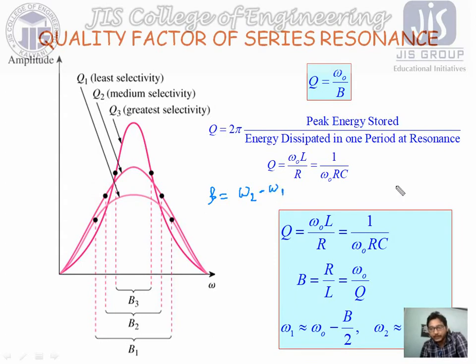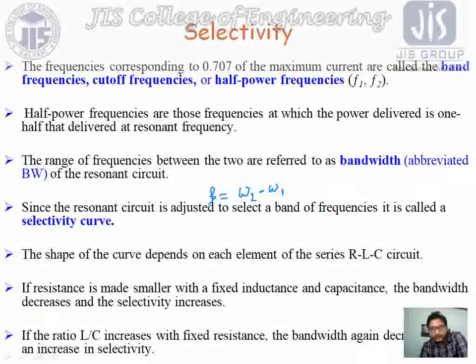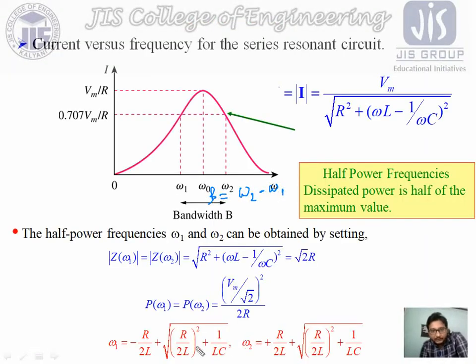And if we look at the values of omega 2 and omega 1 very carefully, we will find that one is positive and one is negative, and if we subtract them, this portion will be cancelled out, because it is plus of this portion in one and plus in the other. So there will be only R by 2L minus R by 2L.